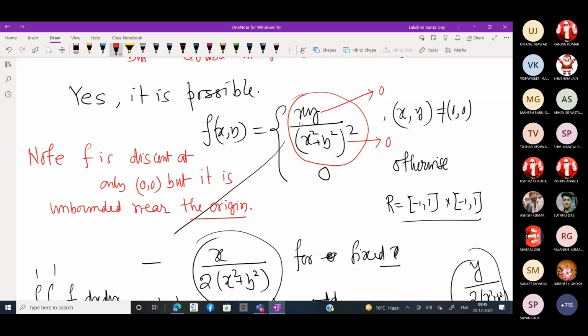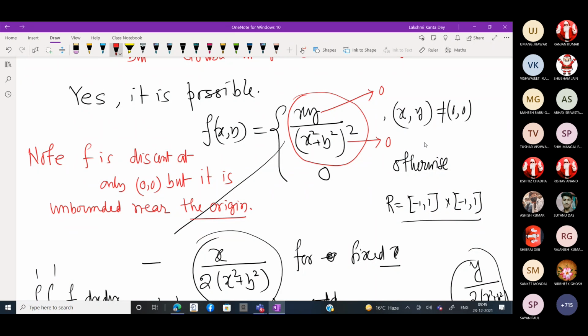But we have to see the rate of convergence. If we see the rate of convergence, we'll realize that for the numerator it is quadratic, a multiplication. But in the denominator, the rate of convergence is near about biquadratic. So it will go faster to 0 than the numerator.